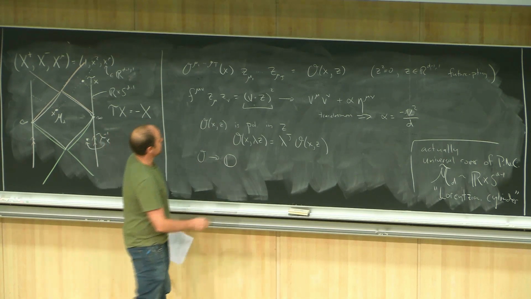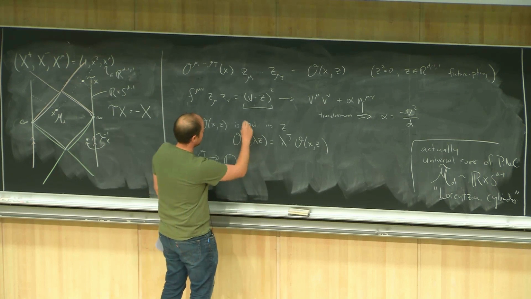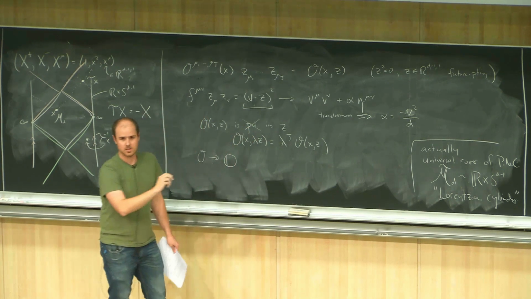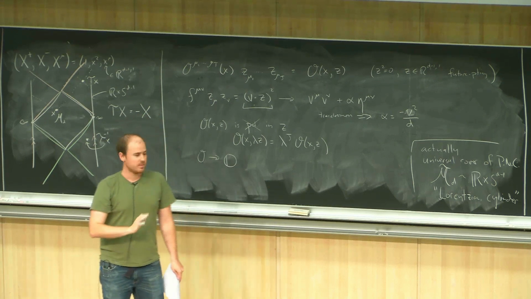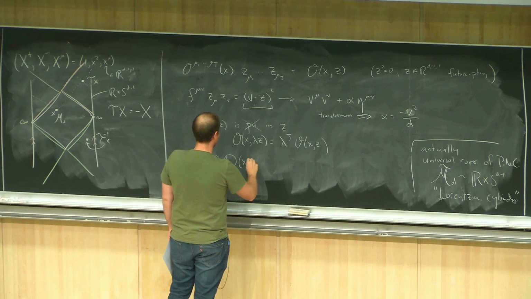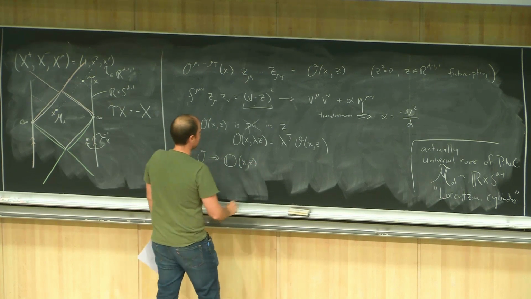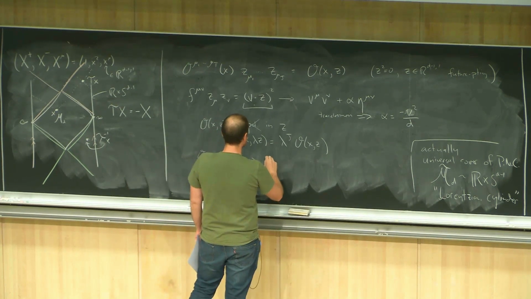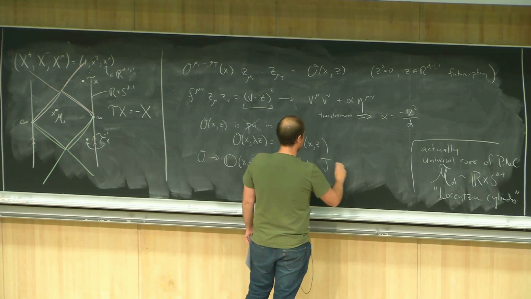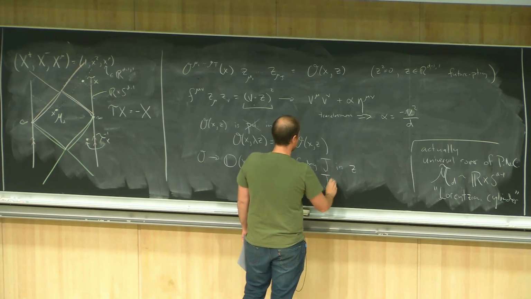And then the other thing we do is just erase that. Okay? So a non-integer spin operator is going to be an operator, funny O of x comma z, that is homogeneous of degree j in z, but where j could be some complex number.